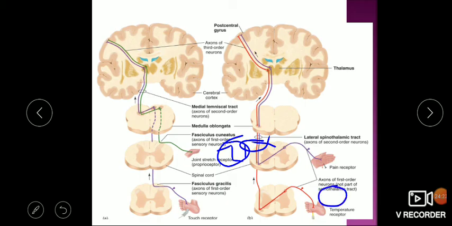He will have some loss of sensation on the right side of touch, pain and temperature. On the contrary, if the patient has damage here, he will have same side loss of touch. So this we will learn during transection of the spinal cord. I am just giving a clue now of the importance of learning the level of crossing and the different order neurons.